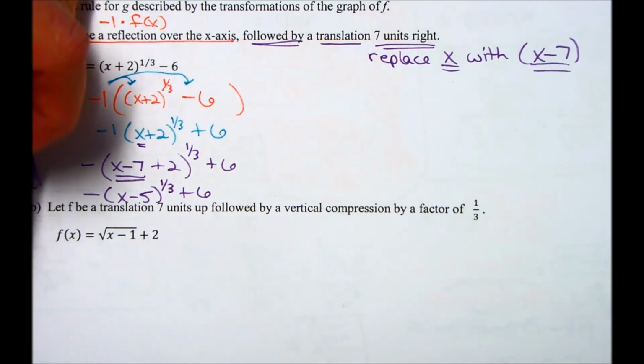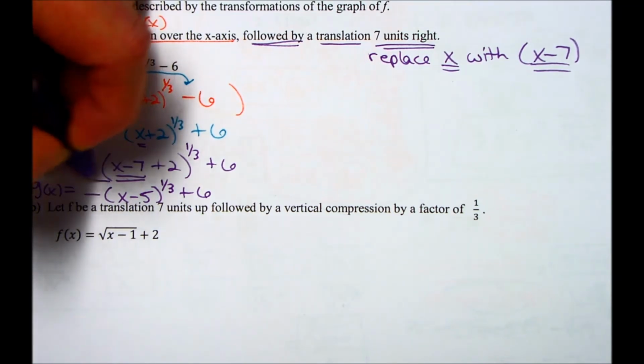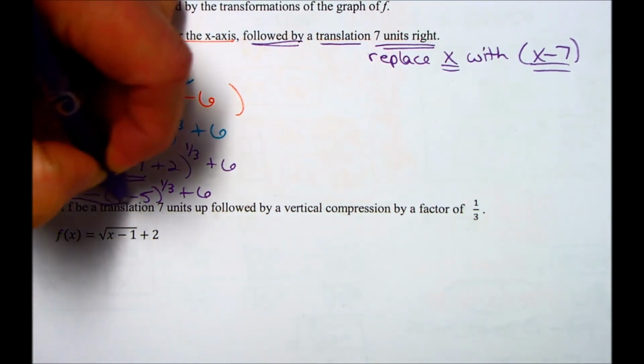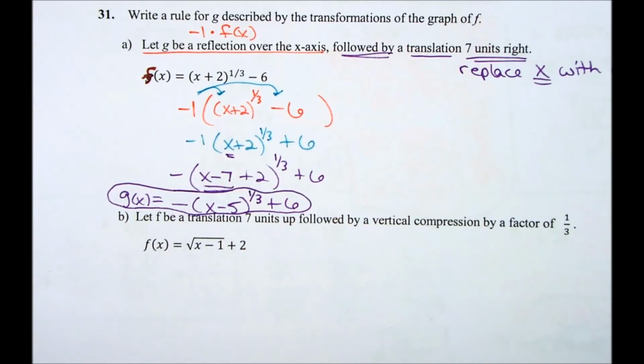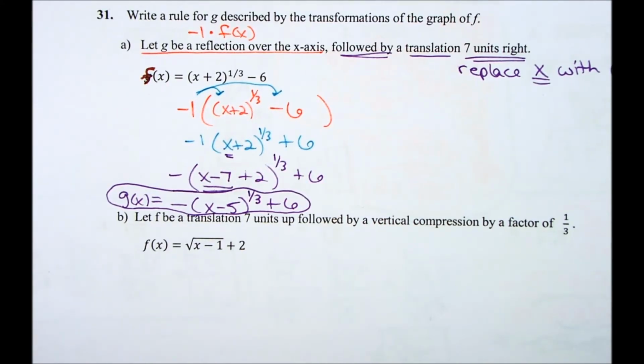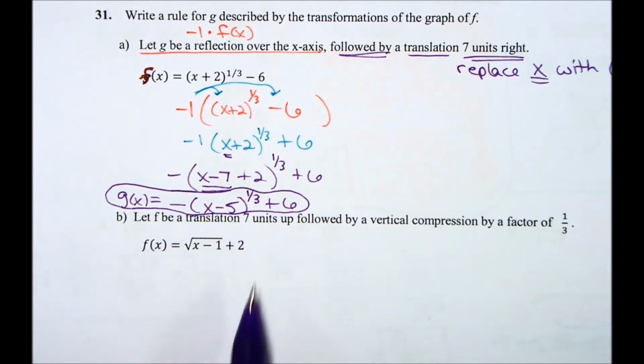So your g of x function then is going to equal negative x minus 5 to the 1/3 power plus 6. Is that all we have to do? Yep. If we had to describe the domain, because it's an odd root, your domain would be all real numbers. But we don't have to do that here.